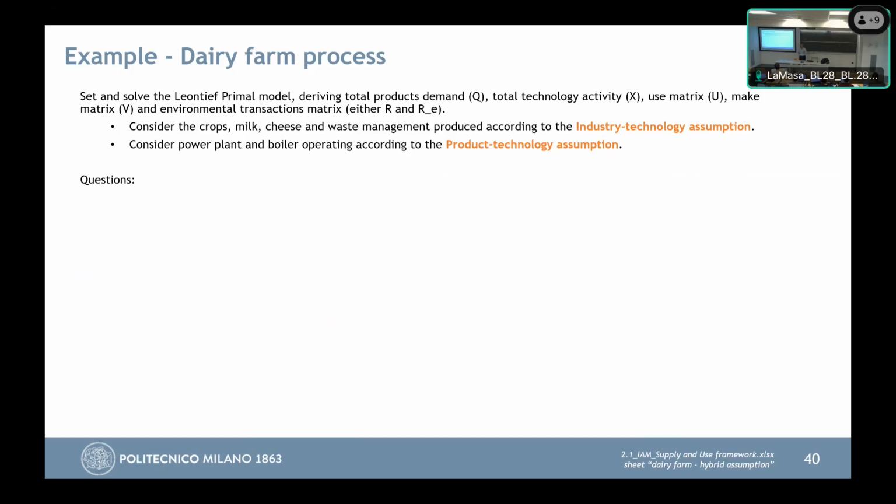It makes sense to think that I can produce milk separately from the cheese. I have different machines for doing so. I can have some stocks in my company, so I can provide some mix without forcing my facility to also provide cheese, while considering power plant and boiler operating according to the product technology assumption.